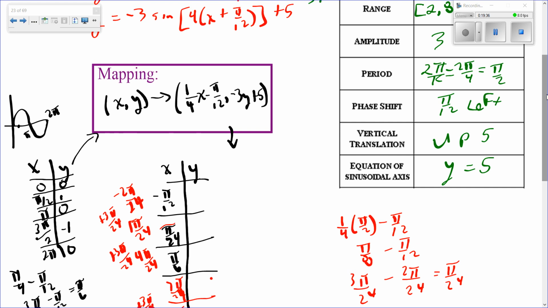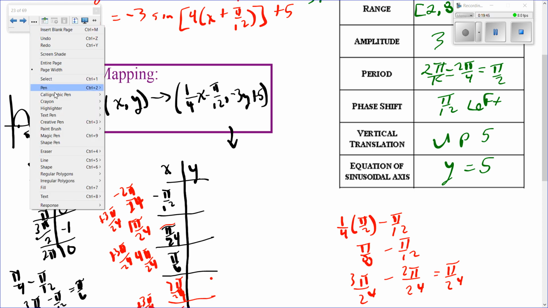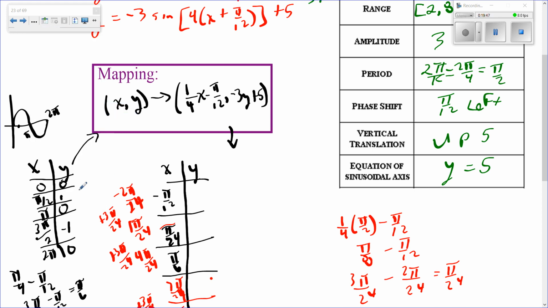Okay, let's do the y values. Try to get a little neater here and not get kind of messy on you folks. The y values, so 0 in here for y plus 5, that will give me 5. Negative 3 times 1 is negative 3 plus 5.